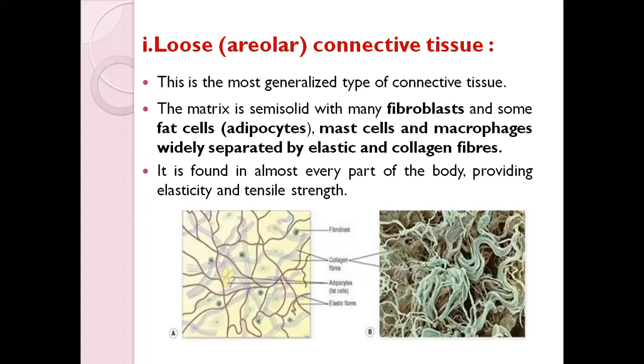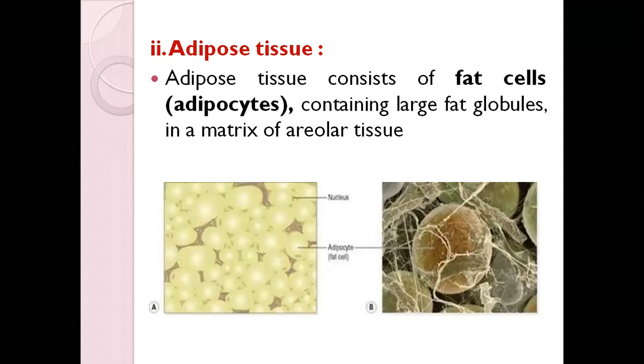Next we'll move on with the adipose tissue. Adipose tissue is the type of tissue which contains lots of fat cells, or adipocytes. If you can see from the diagram itself, it has only fat cells. Adipose tissue really helps in thermal production, because fat helps in heat production.